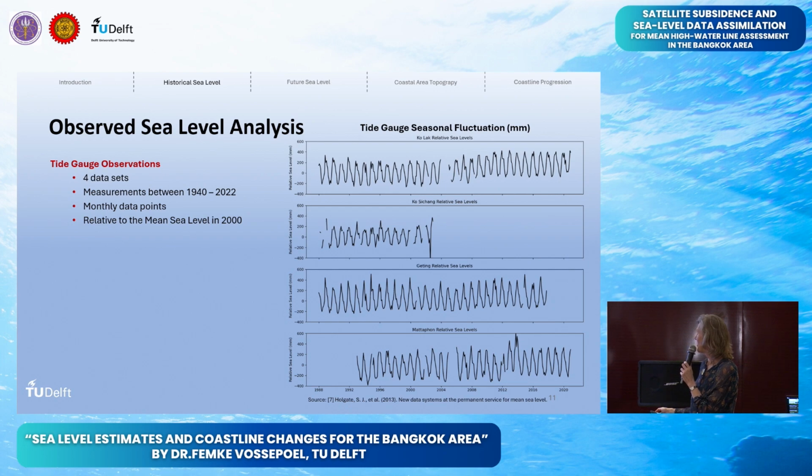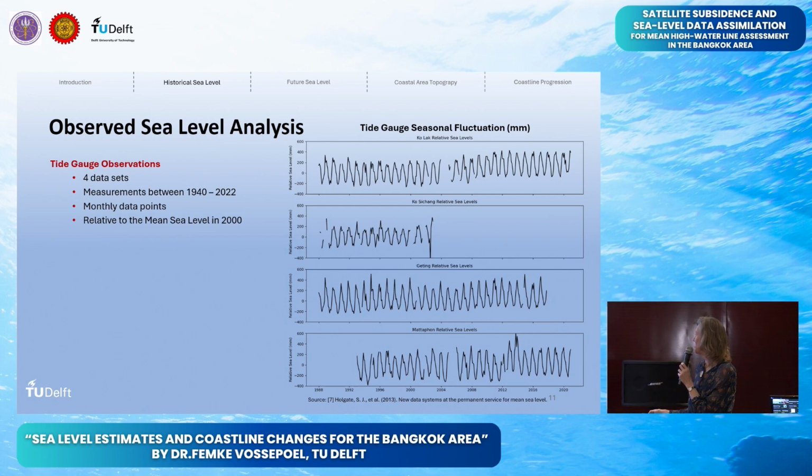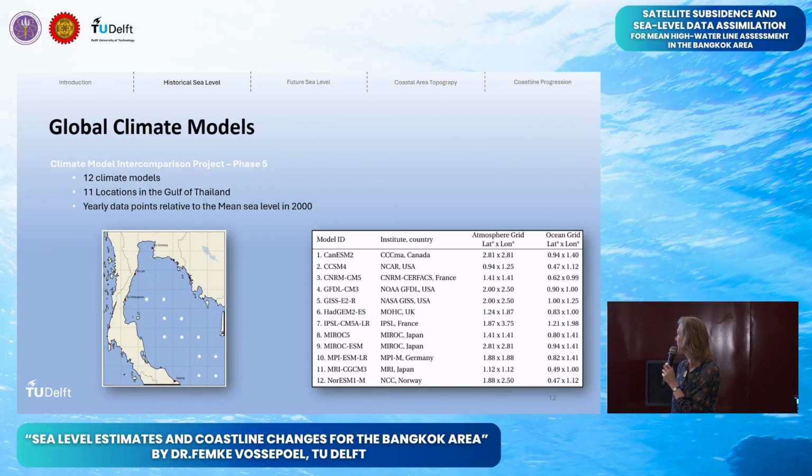And when you do that, you actually get a bit less noisy time series, where you start to see certain patterns. Some tide gauges have a bit more of a sea level rise signal, and others seem to be a bit more stationary. And as said before, the Ko-Shishang only has a limited data point.